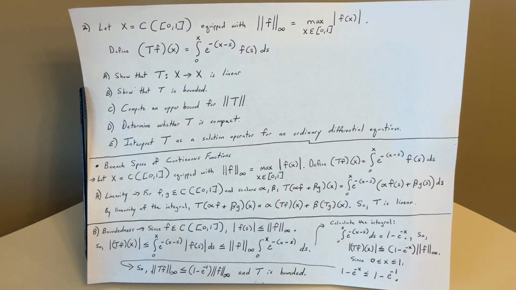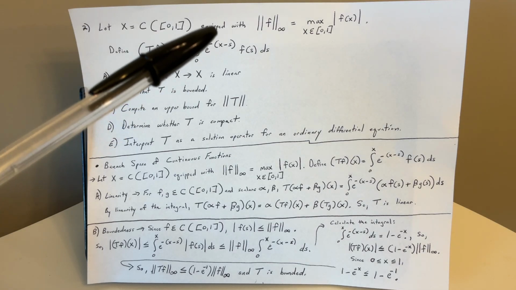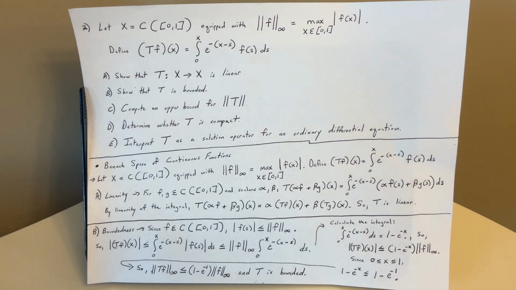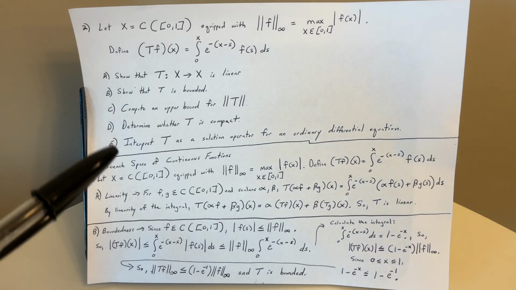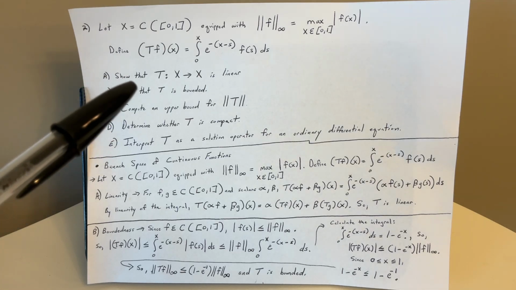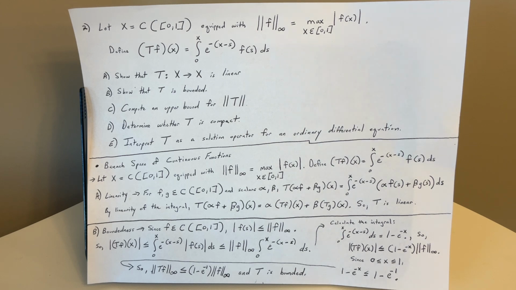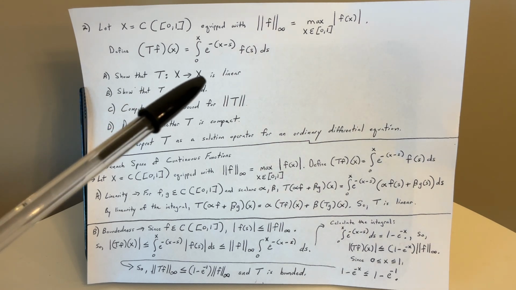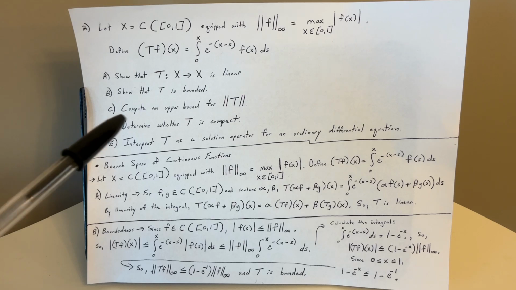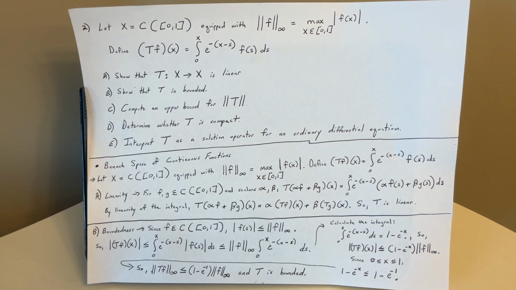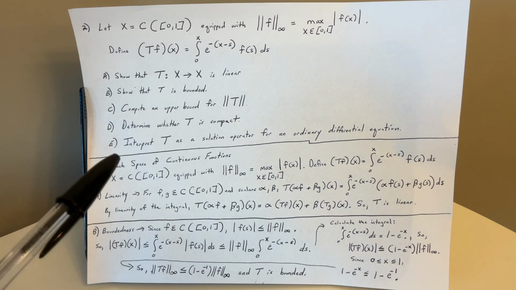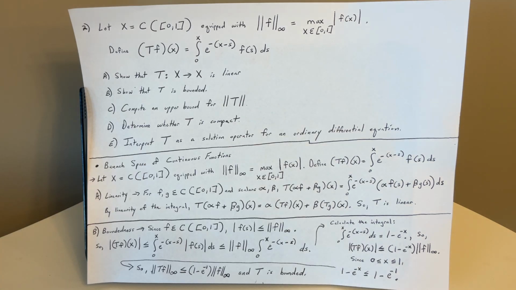We define T applied to f at x as the integral from 0 to x of e to the negative quantity x minus s, f of s ds. Parts a through e are shown here respectively: show that T is linear, show that T is bounded, compute an upper bound for the norm of T, determine whether T is compact, and interpret T as a solution operator for an ordinary differential equation.